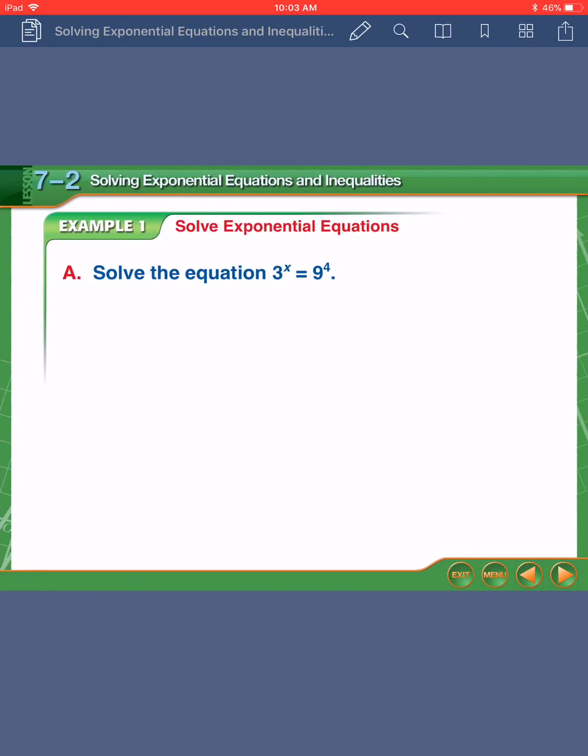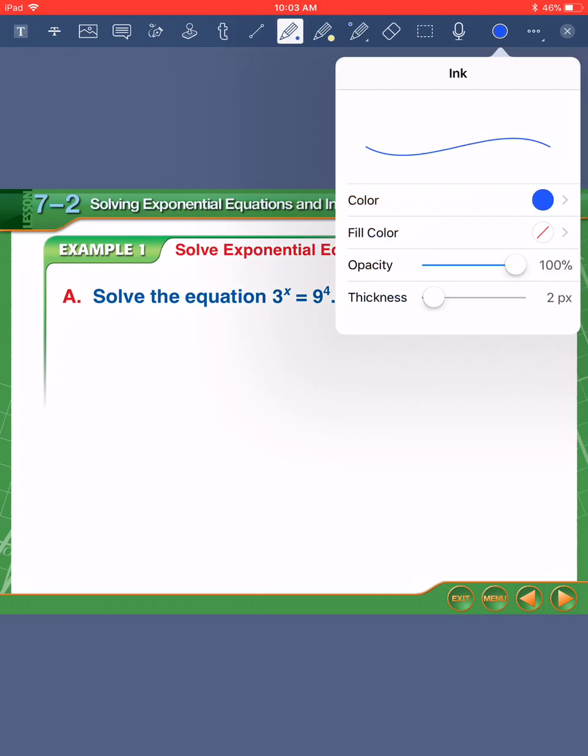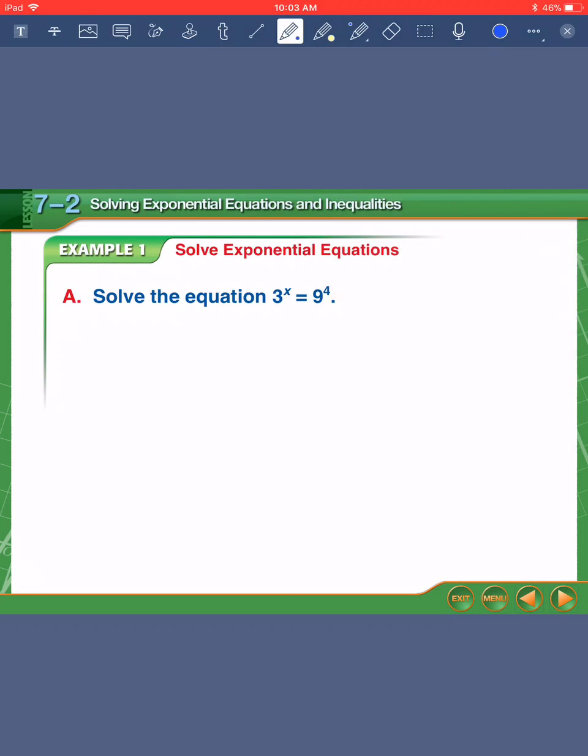So here I have the equation 3 raised to the x equals 9 to the fourth power. Well, we can't apply that property from the last page because our bases aren't both 3. But what I can do is get our bases to be the same. So I can rewrite 9 to be 3 squared, and that's raised to the fourth power, and that's equal to 3 to the x power.